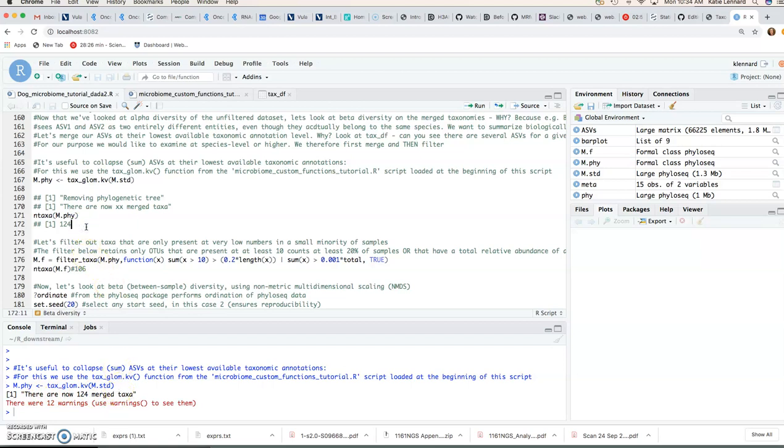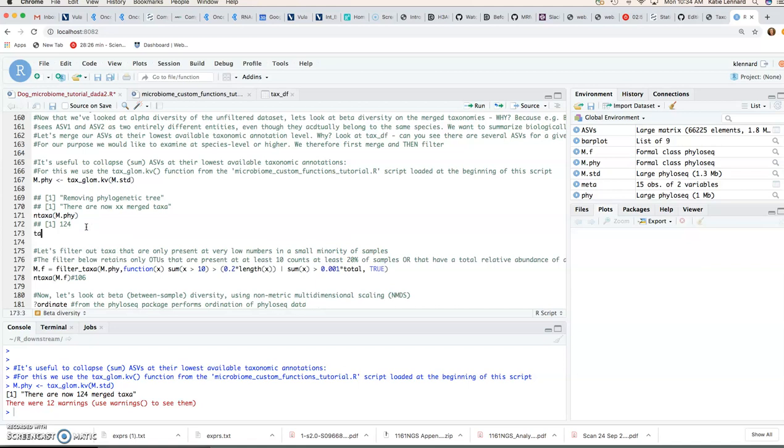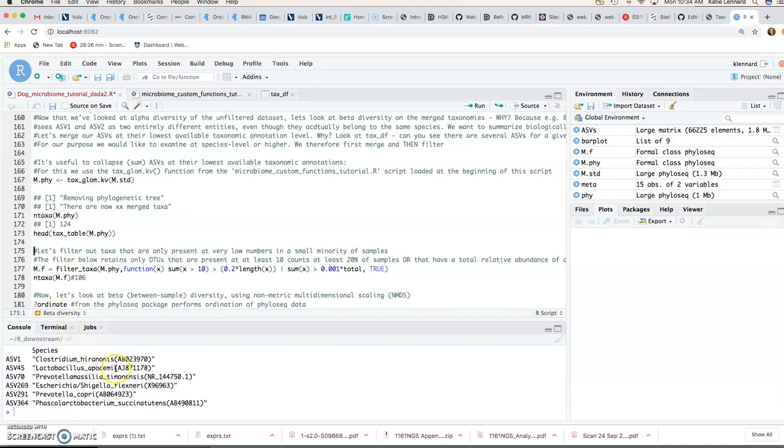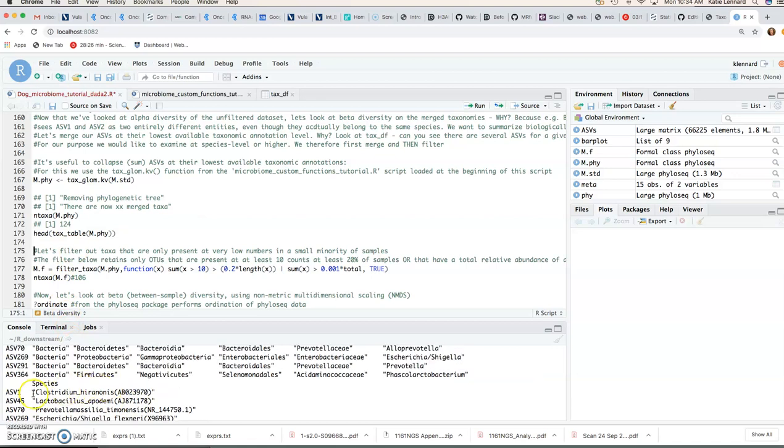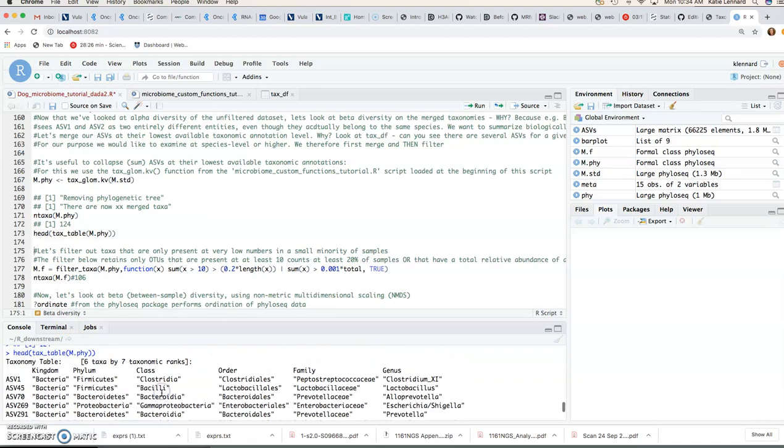So if we look, for instance, at the taxonomy table now for the new phyloseq object, so that's m.phi, and then those ASVs have now been summed.